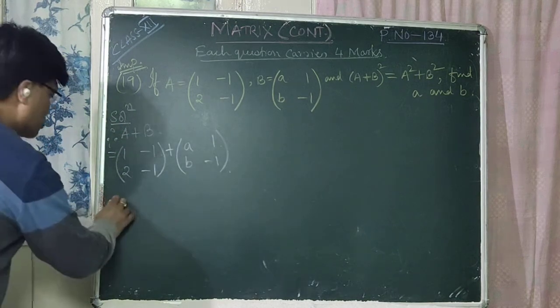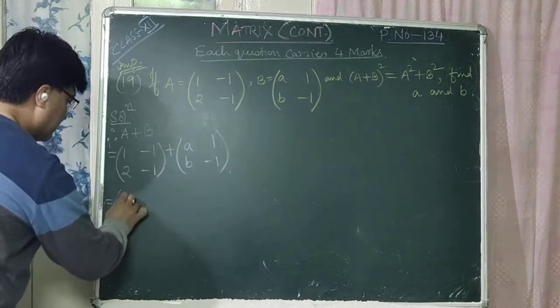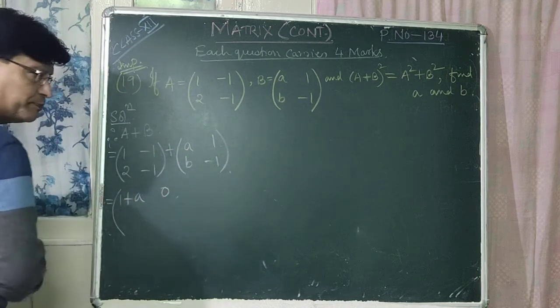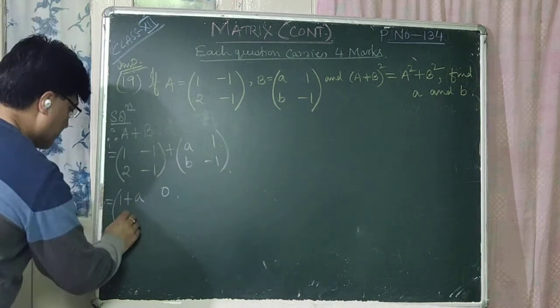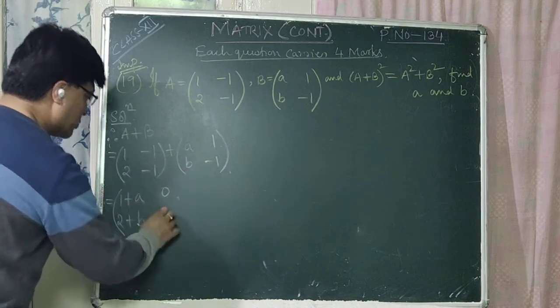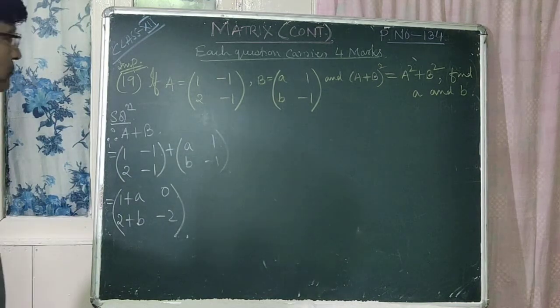Corresponding elements will be added. 1 plus a and minus 1 plus 1, that is your 0. And this is 2 plus b, and minus 1 minus 1 is minus 2. That is your A plus B.